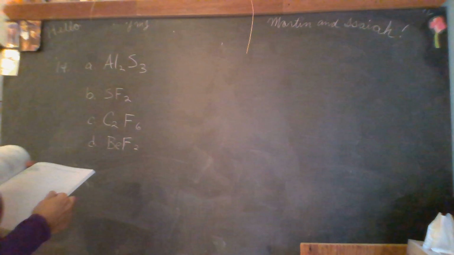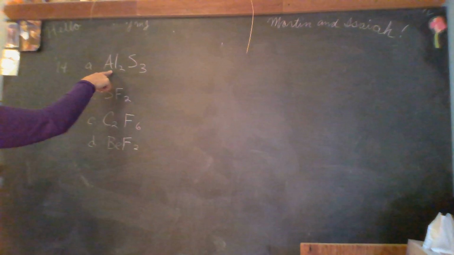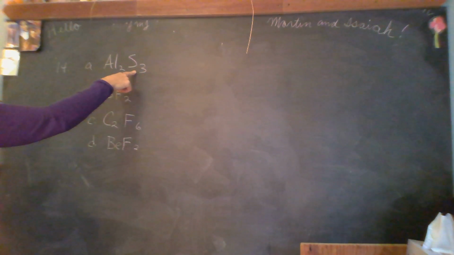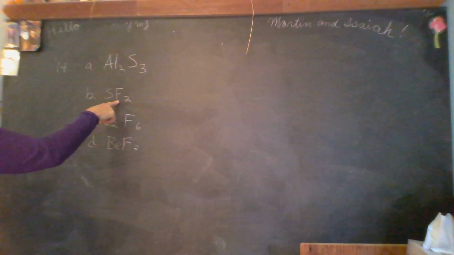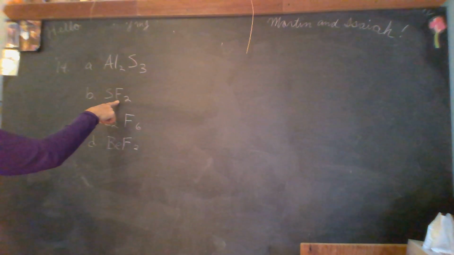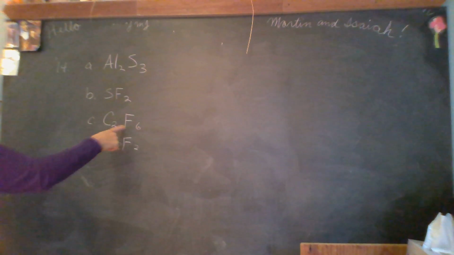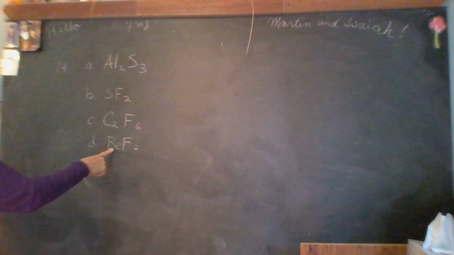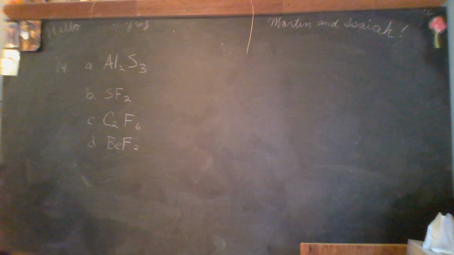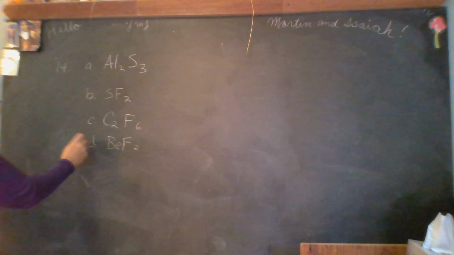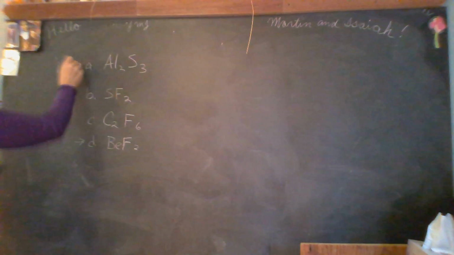Okay, so A is ionic. This is a metal, right? Aluminum, and this is sulfur. This is sulfur and fluorine, this is carbon and fluorine, and this is beryllium and fluorine. Since A and D are ionic, I'm just going to mark them that way.